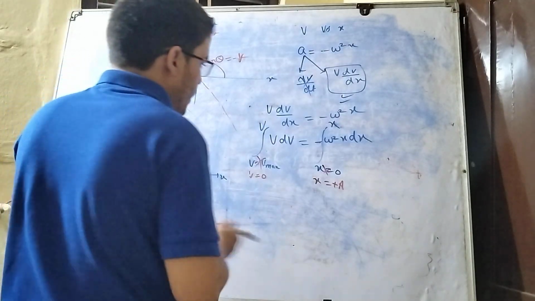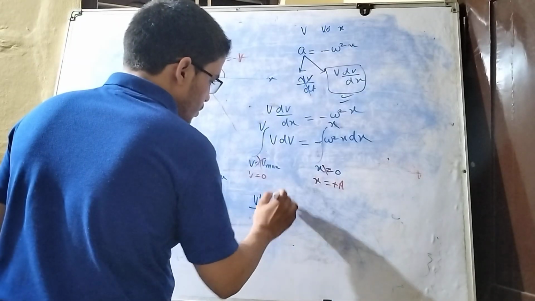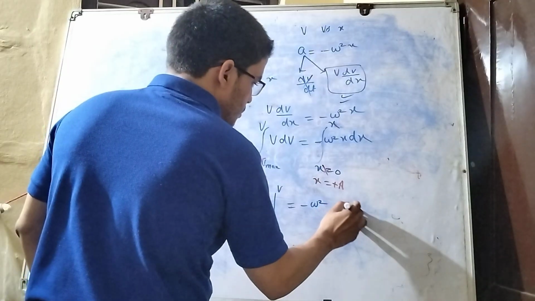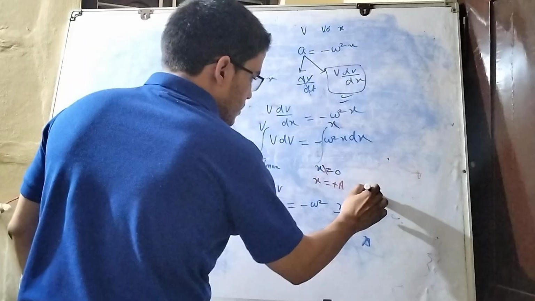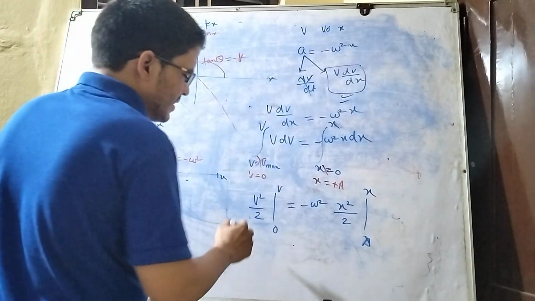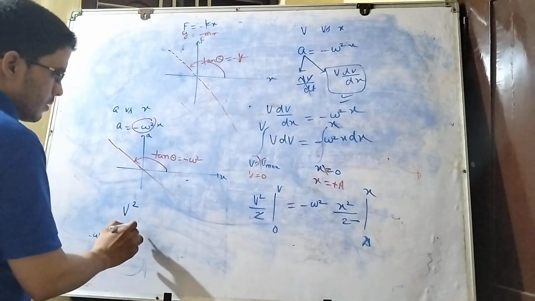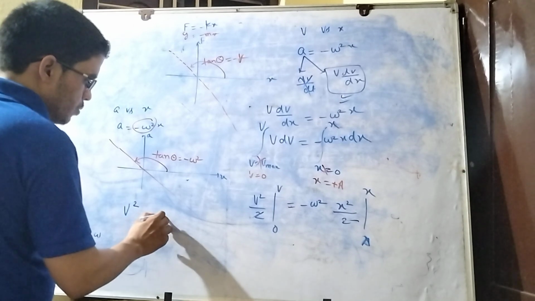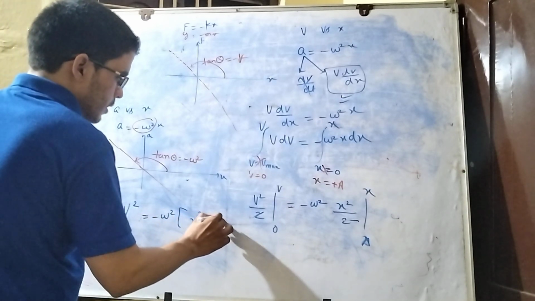So very easy now. What is the integral of v dv? That is v square by 2 from 0 to v, equals minus omega square times x square by 2, from a to x. So the 2 cancels out, no doubt. Next, v square equals minus omega square times x square minus a square.